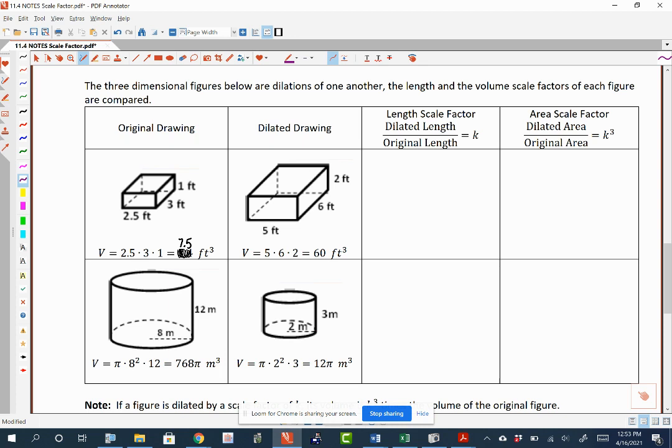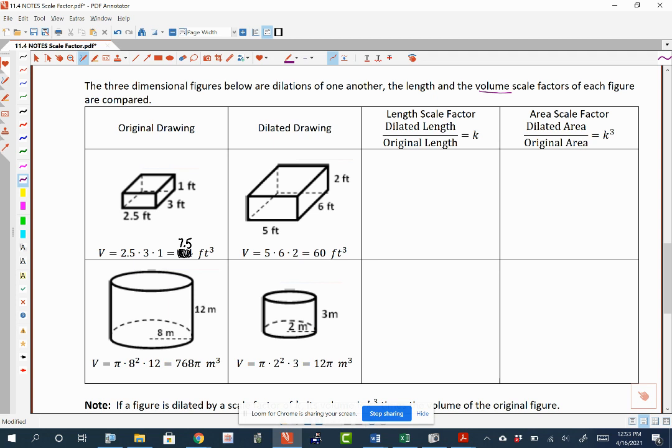All right, on this side we see a similar setup to the front side. We see our original and our dilated, and we've got these two columns. Above it, it says the three-dimensional figures below are dilations of one another. The length and volume scale factors of each figure are compared.